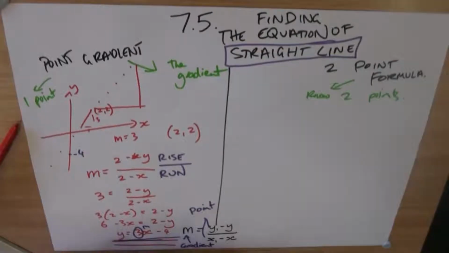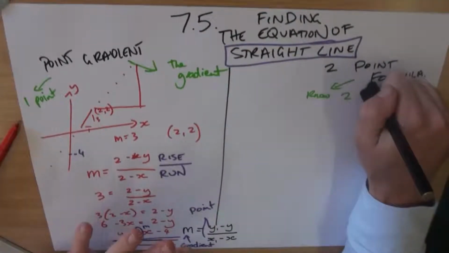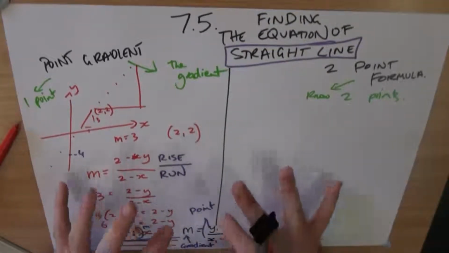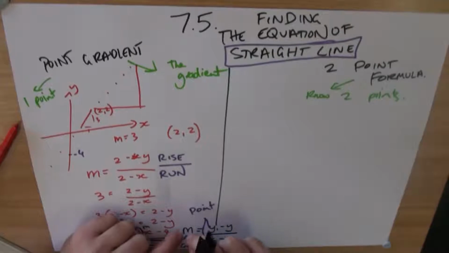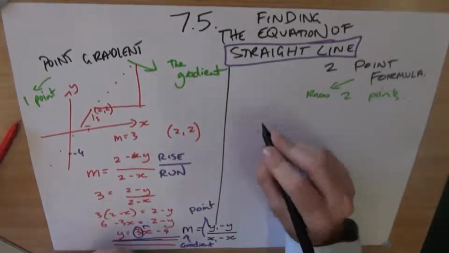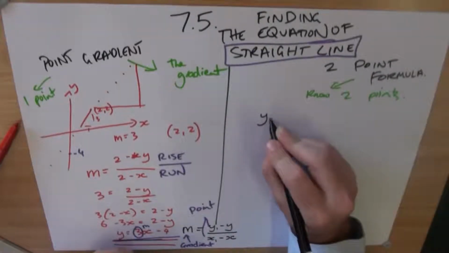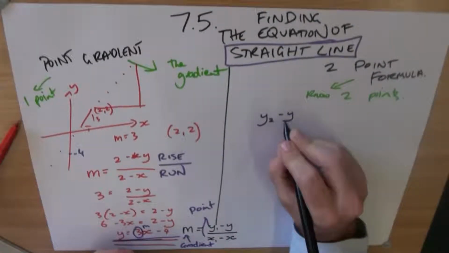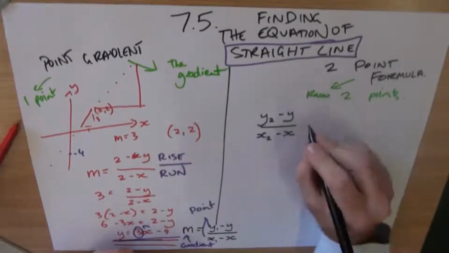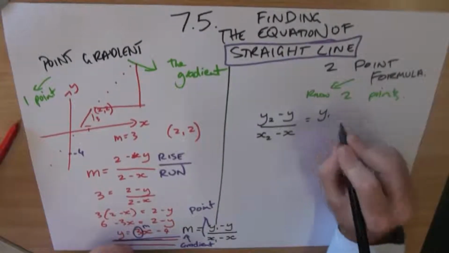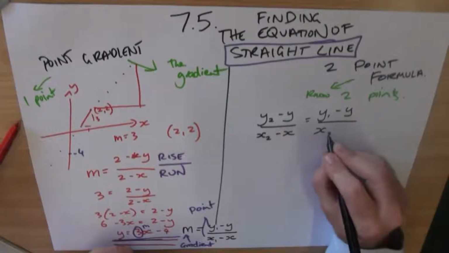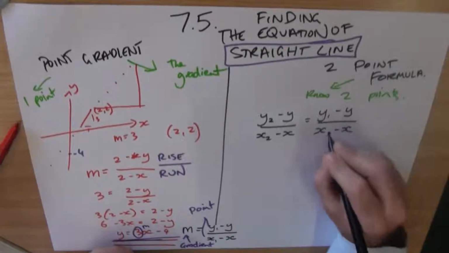Now the same thing is true of the 2-point formula, but in the 2-point formula we don't have a gradient, but we have another point. But we know that if we use the second point here as our gradient, we're going to get the same result. So for our 2-point formula we're going to go y2 minus y over x2 minus x equals y1 minus y over x1 minus x.